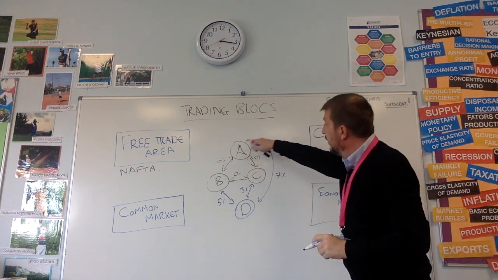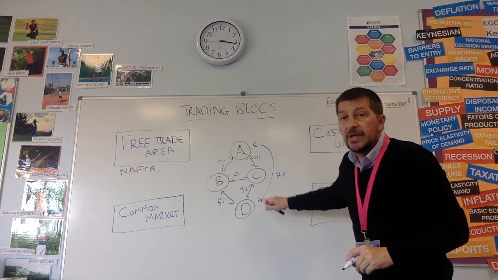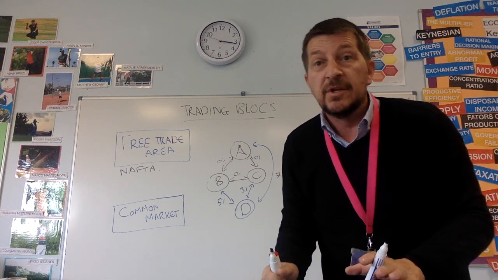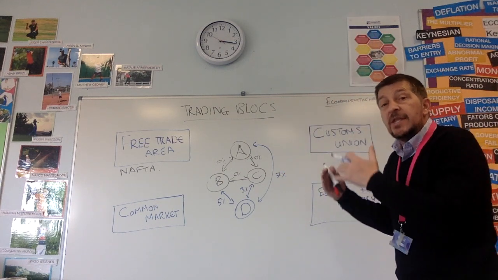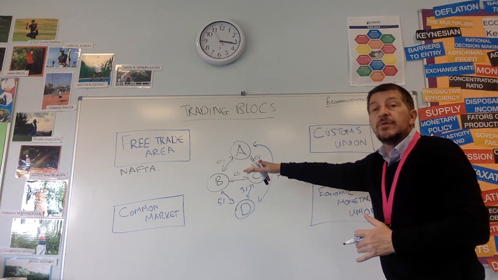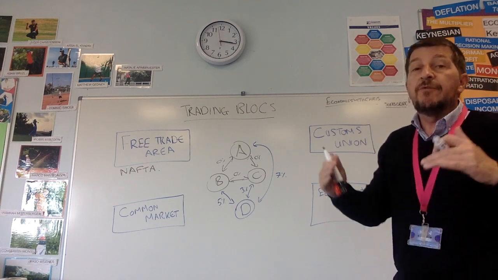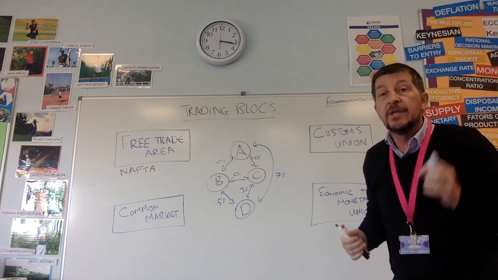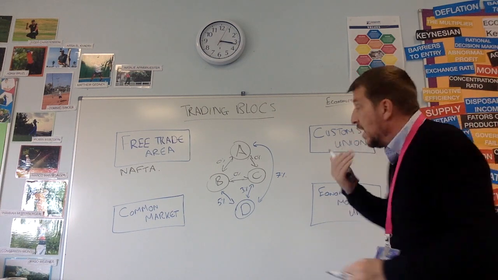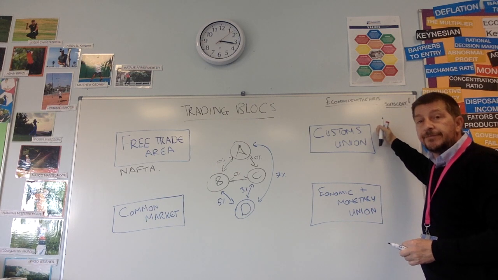For example, this one has a 7% import tariff, this one has 3%, this one has 5%. That is simplified, of course, but it means that they've each got a different trade agreement with country D. That is what we call a free trade area: zero internal tariffs.